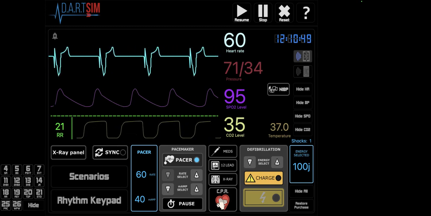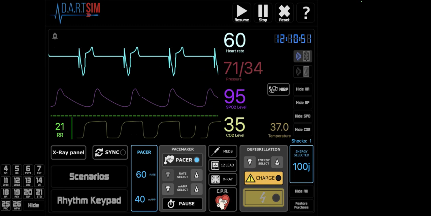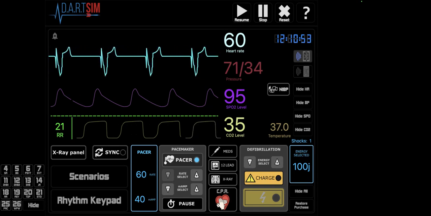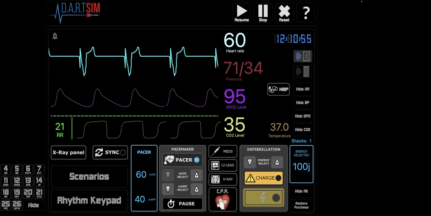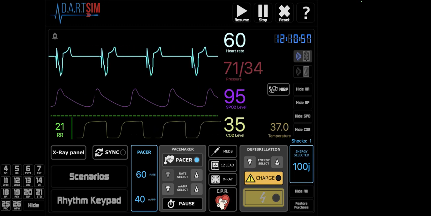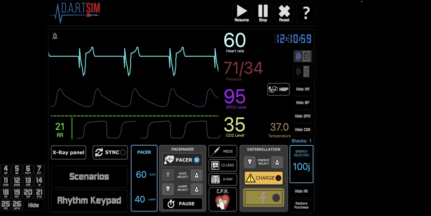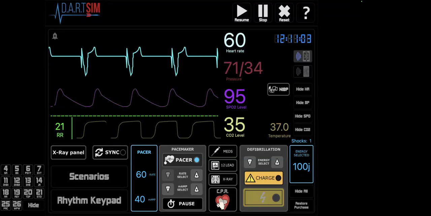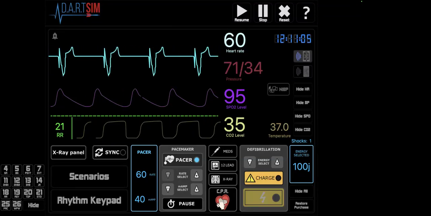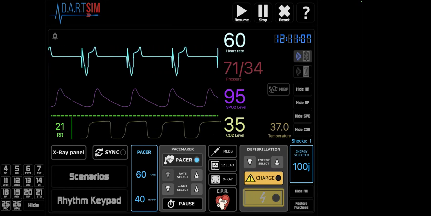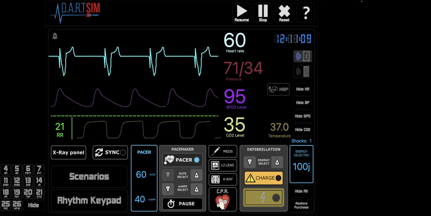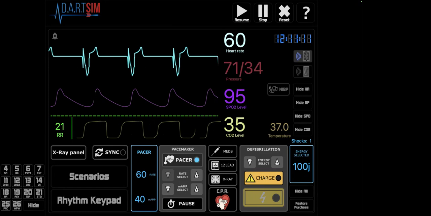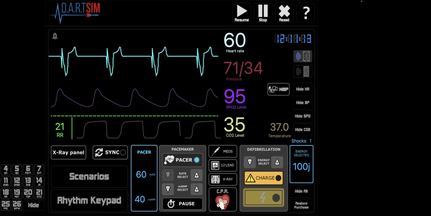That is electrical capture. And then we need to assess that the patient has good cardiac output from that by checking a blood pressure. And so you'll simply hit your NIBP, you will inflate the blood pressure cuff, all the while you are comforting the patient.